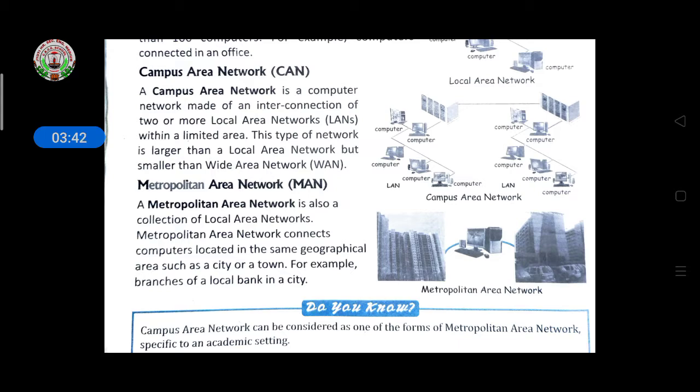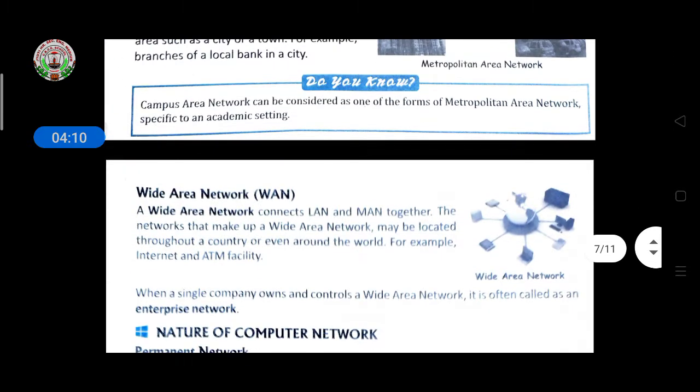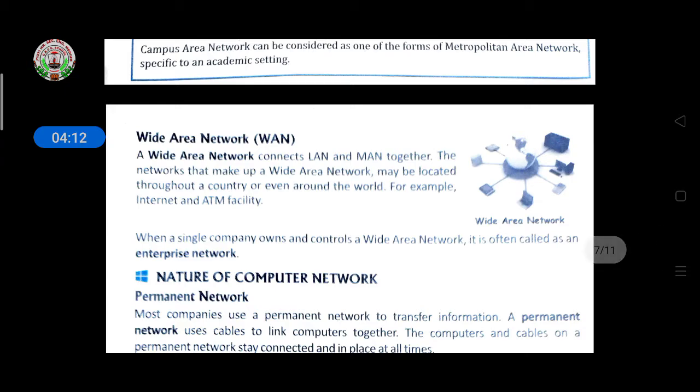A metropolitan area network connects computers located in the same geographical area such as a city or town. One example given is the branches of a local bank in a city. Suppose in our city the SBI bank has different branches; it is possible to connect them together with the help of this network.